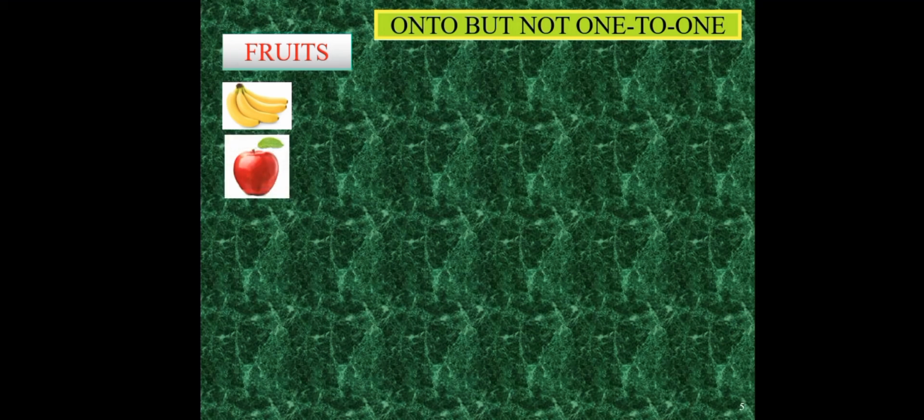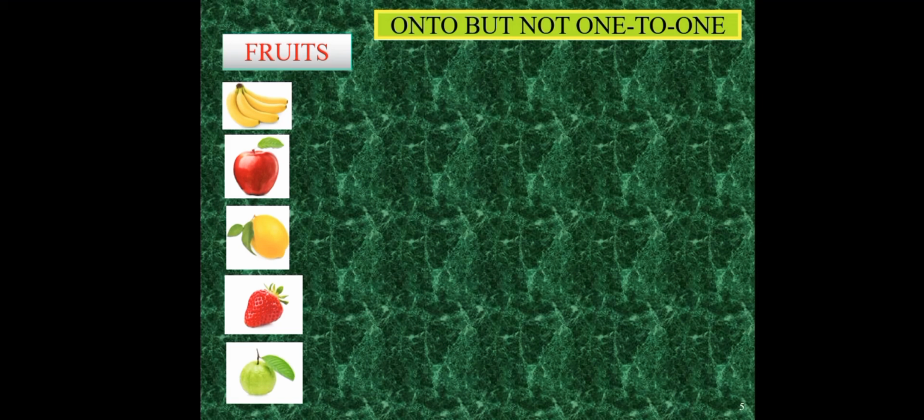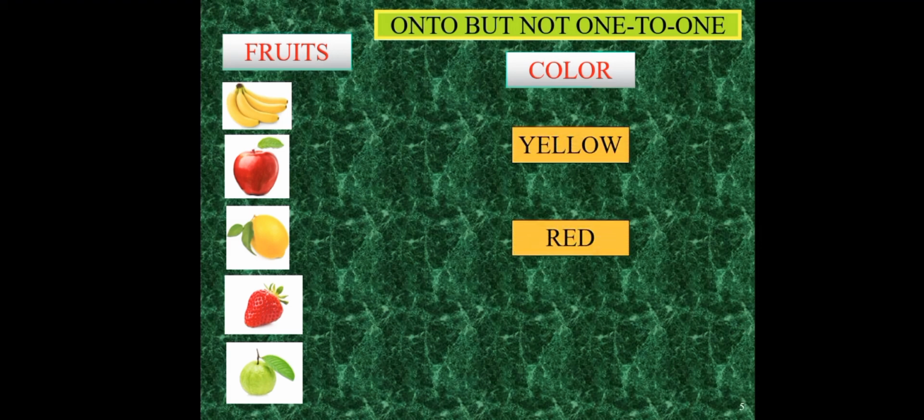For onto but not one-to-one function, we have banana, apple, lemon, strawberry, and guava. For the codomain, which has a category color, we have yellow, red, and green. So we just need to connect the fruits to their corresponding colors.